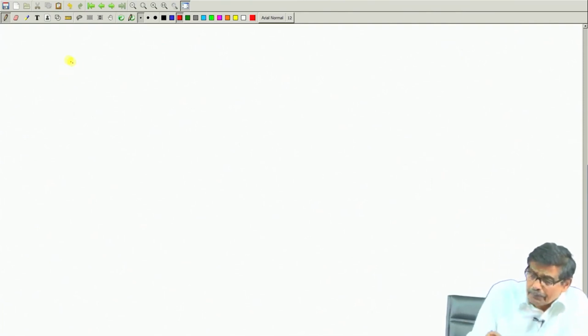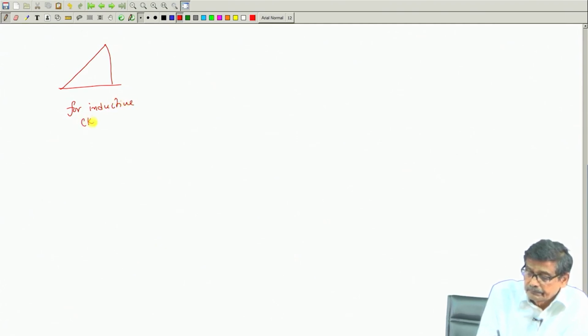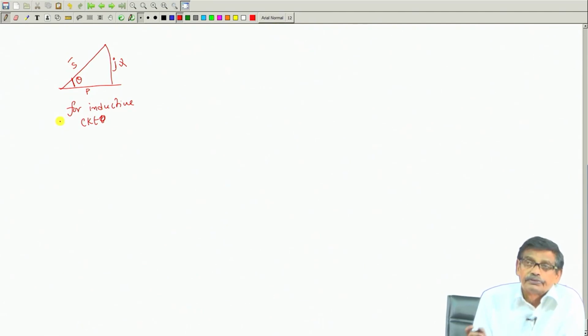So, this volt ampere triangle that I have drawn can be drawn like this. For an inductive circuit, this is P, this is jQ, and this is S. Both real and reactive power will be positive, the load absorbs so much.